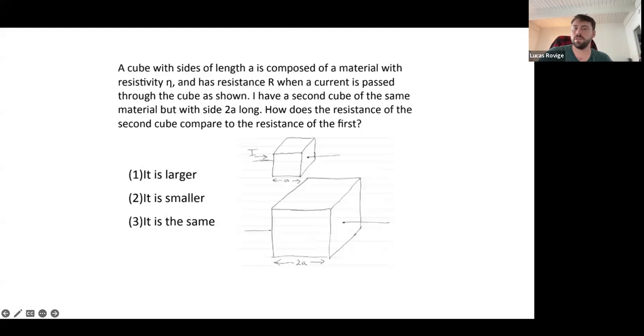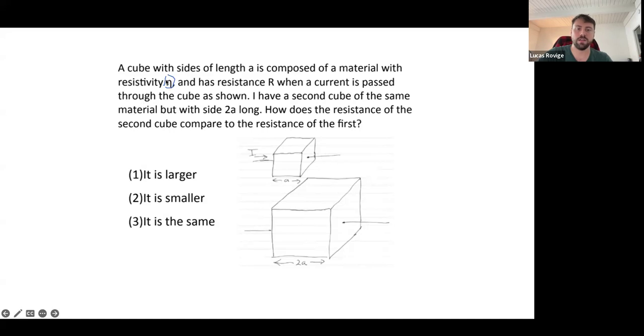Okay, so we have a cube of side length A that is composed of a material with a resistivity. And see here, the resistivity is given as eta. It's the same thing, just different notation, as it happens sometimes in physics.